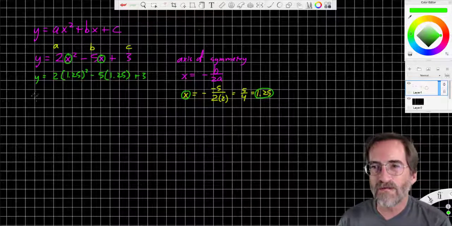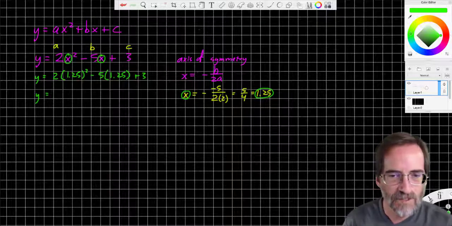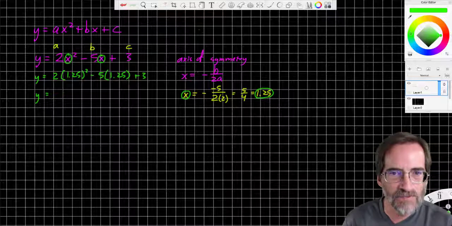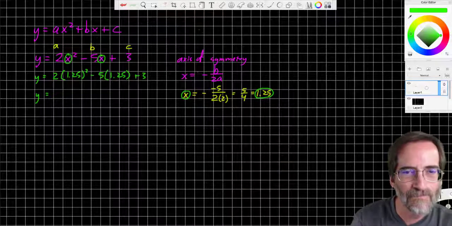Now I can work this out by hand if I wanted to, but I'm going to use Desmos. So let's bring up Desmos here, Desmos.com.